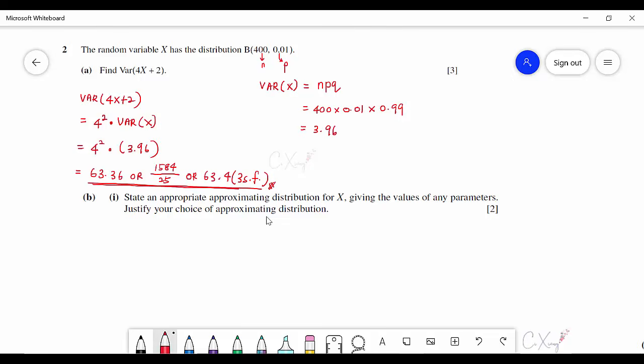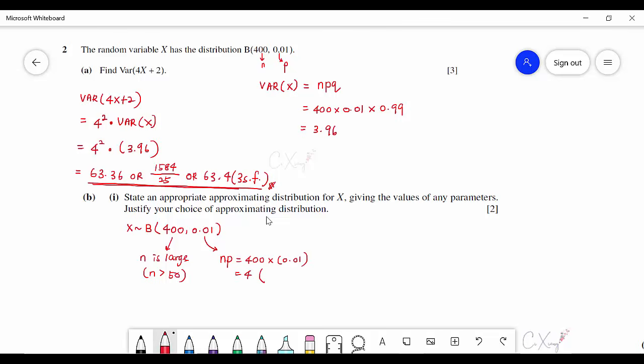So when you have a binomial with these parameters, 400 and 0.01, if you check the value of n, you can see that n is large, where n is greater than 50. Your p is 0.01, and if you multiply n times p, 400 multiplied by 0.01, it equals 4.